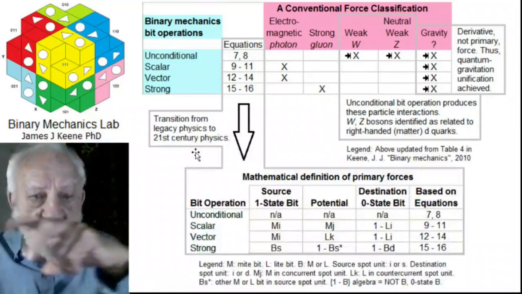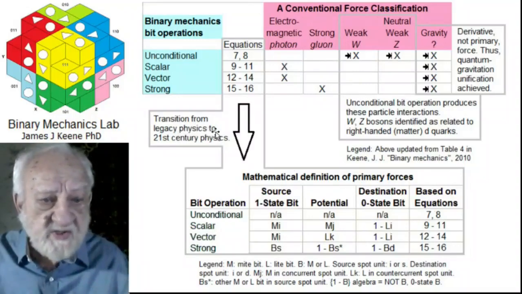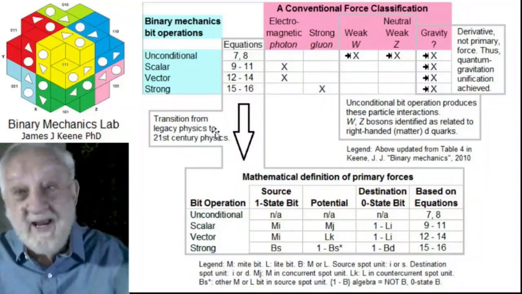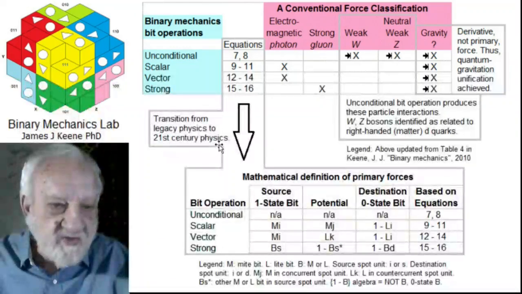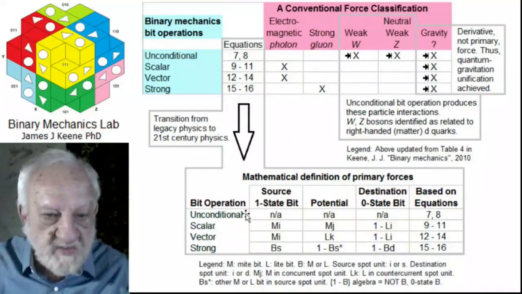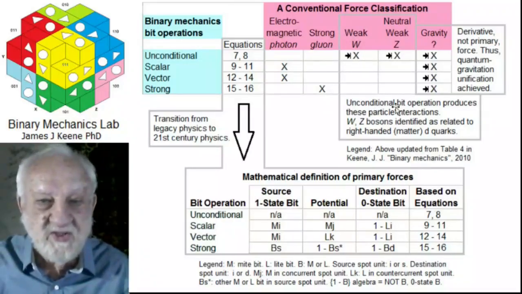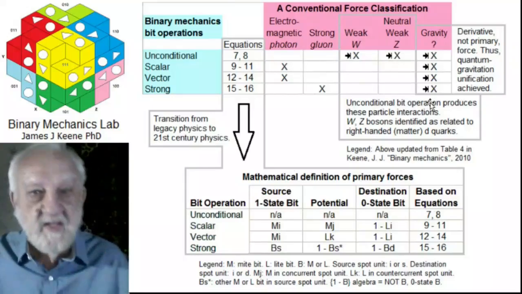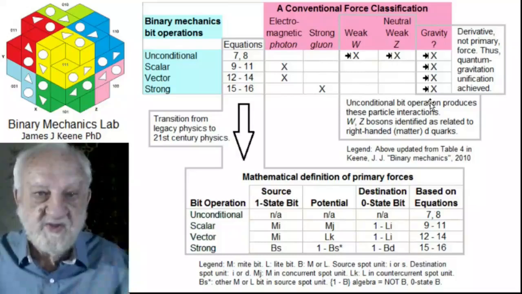Now, if we march along and transition from legacy physics in the 20th century, and for many people up to the present, to 21st century physics, in our summary table below here, the unconditional bit operation does not define a force. The so-called weak force is due to the unconditional bit operation. That's how lost many contemporary particle physicists are.